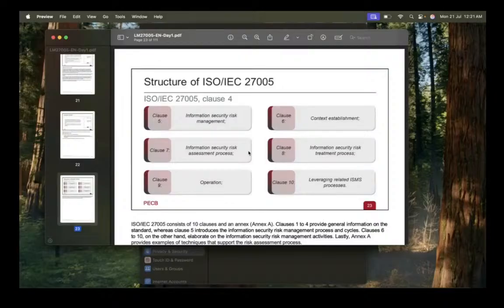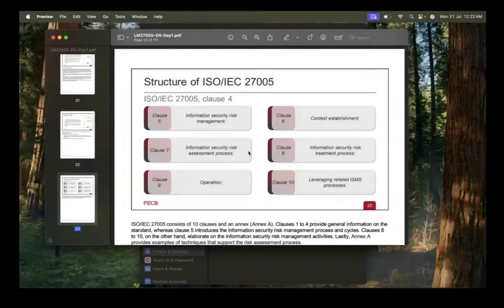Clause 7 talks about the assessment, like how to assess the risk, what the risk is related to that particular process, or maybe in any process or any organization. Then clause 8 talks about the treatment, like what can be the treatments for the risk that we have assessed.